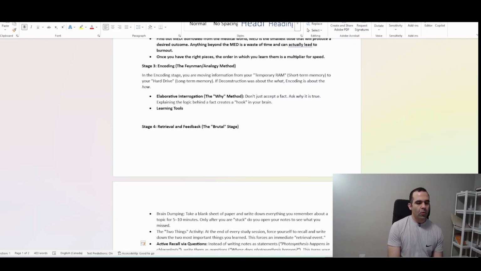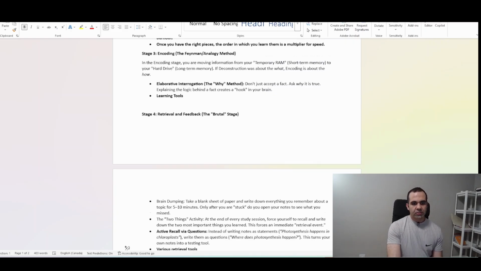After that, we go back to the main topic and compare what we learned to find the gaps. So this is retrieval.